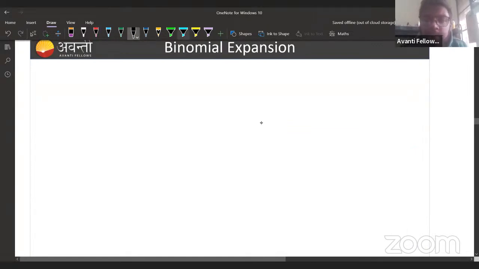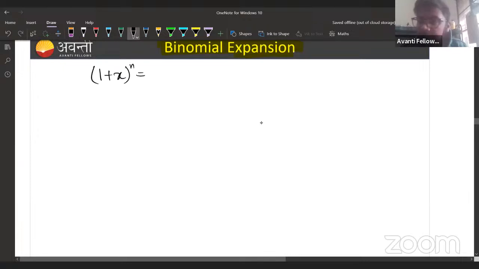For example, binomial expansion. We have studied binomial expansion, right, in the chapter gravitation. No, sir, we have studied that in the chapter binomial expansion in mathematics class. Yeah, we also studied that in physics as well, right? What did we study? We studied this. Let me recall. 1 plus x to the power n.